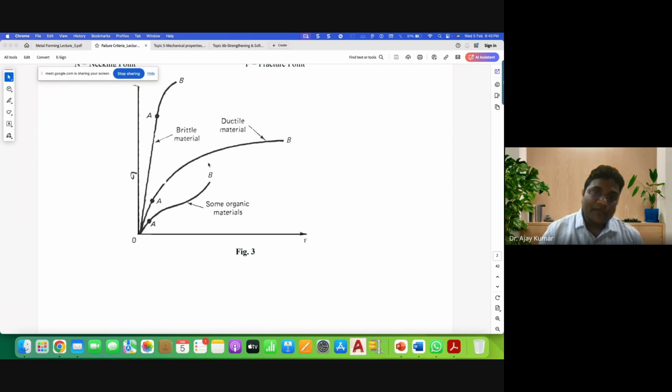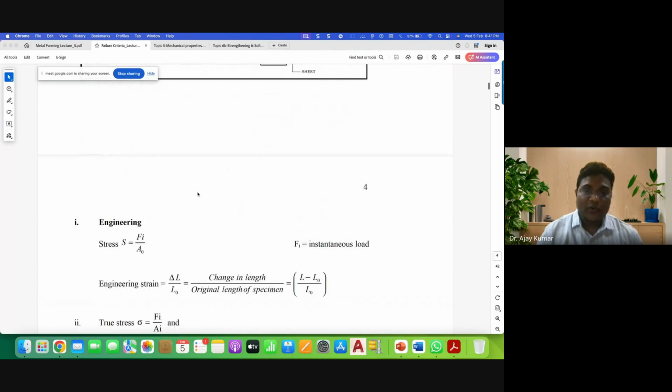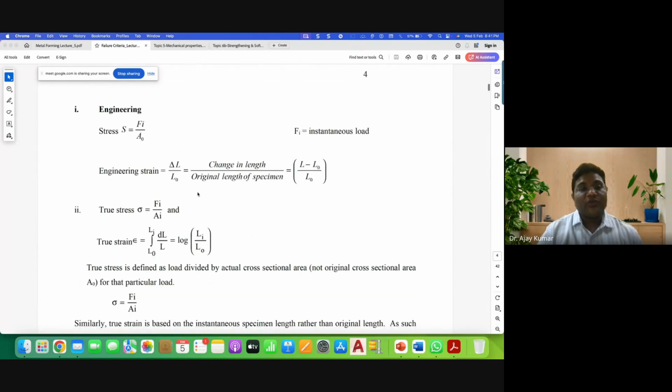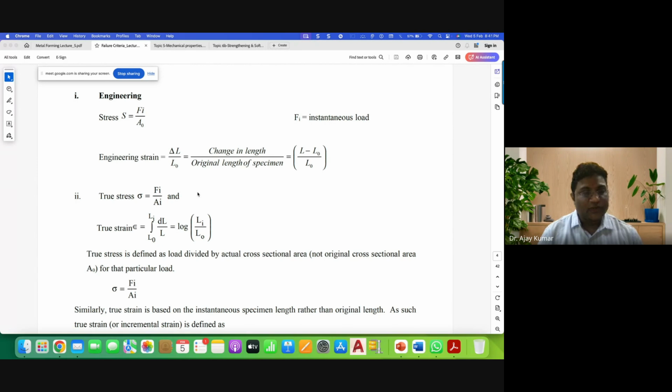So plastic deformation is represented through the power law equation, and within the elastic limit we have Hooke's law. After the yield point, the Hollomon equation, and then you have the engineering stress, engineering strain, true stress, true strain.